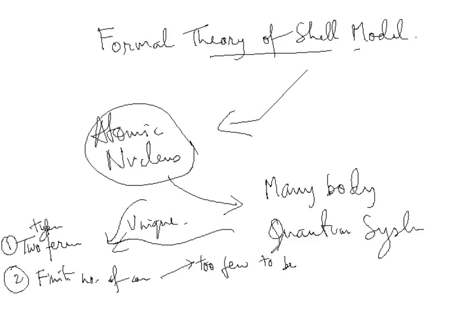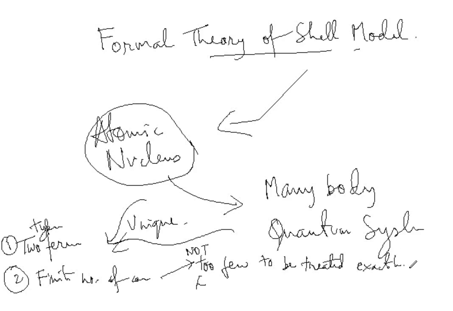Basically, what I want to say is that, you see, the number of nucleons, what is it? Say 1 to roughly 300, right? Now, please pay proper attention. It is not too few to be treated exactly.